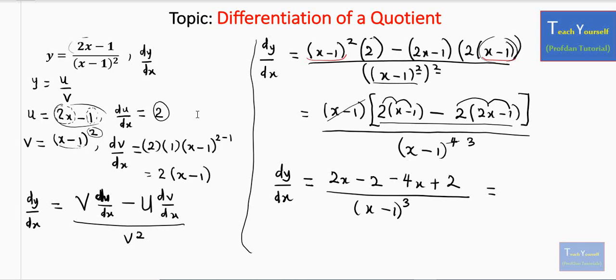With this, 2x and minus 4x combine to give us minus 2x, and minus 2 plus 2 cancel out, and we are left with this over (x minus 1) power 3. And so this is your final answer.